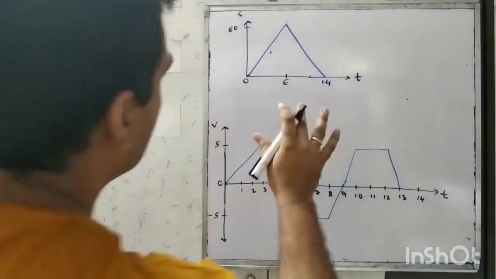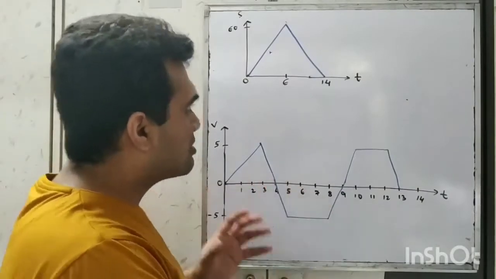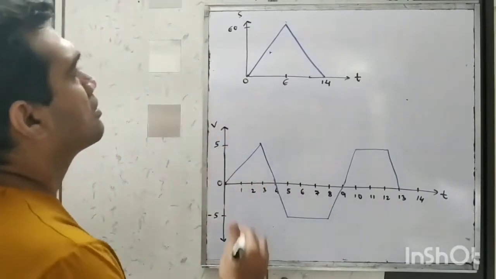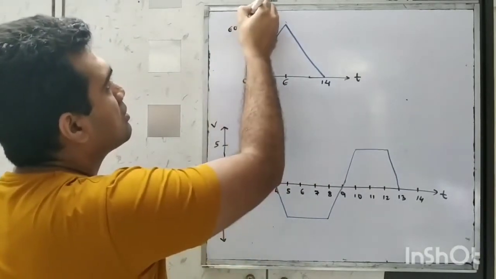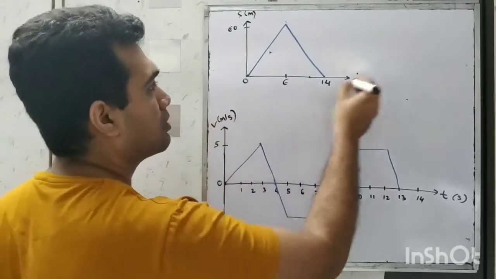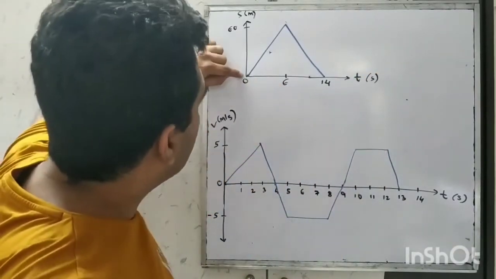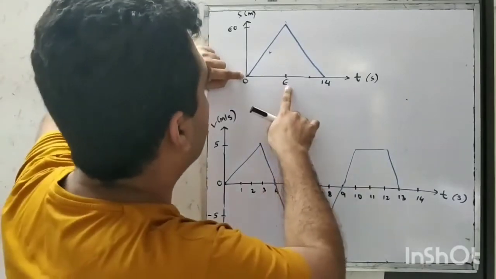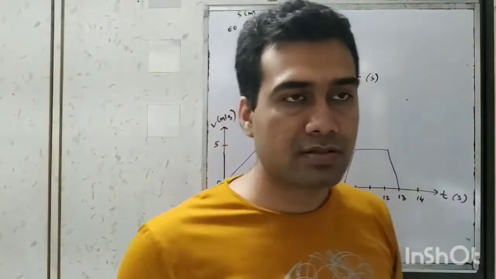So we have two graphs here. One is an ST graph and one is a VT graph. Let's analyze the data given here. This is in meters, time is in seconds, velocity is in meters per second, and again the time is in seconds. Now what's happening here is the displacement was 0, then after 6 seconds, the displacement was 60 meters. That means the object is moving away from the origin.